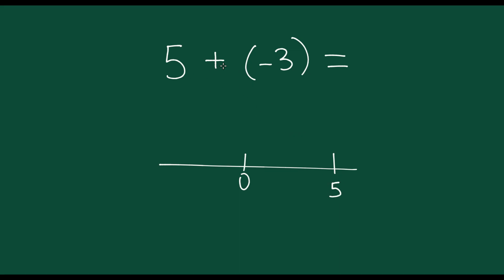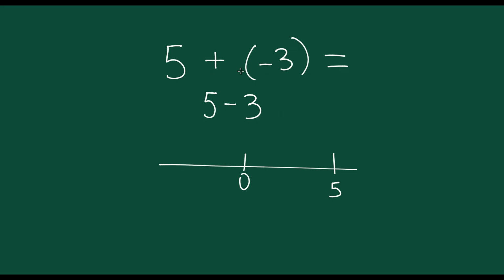If you are adding a negative 3, adding a negative number means subtracting. Okay, so 5 plus a negative 3, this is the same as 5 minus 3. Anytime you're adding a negative number, you're subtracting.